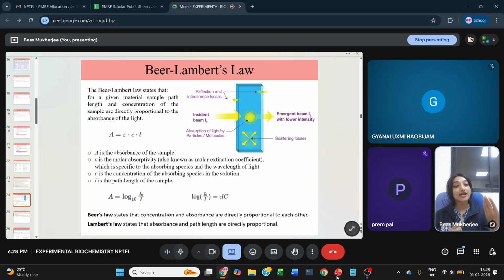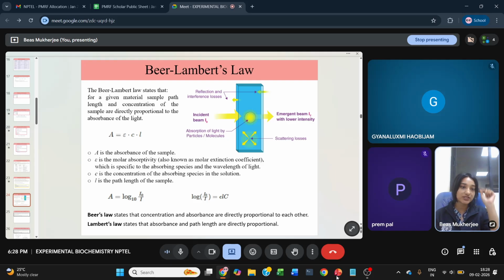Now there is another player in this equation, that is epsilon. Epsilon is the molar extinction coefficient, or molar absorptivity. This is specific to the absorbing species.